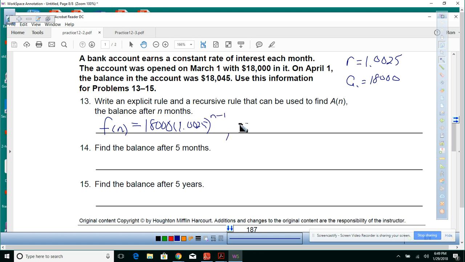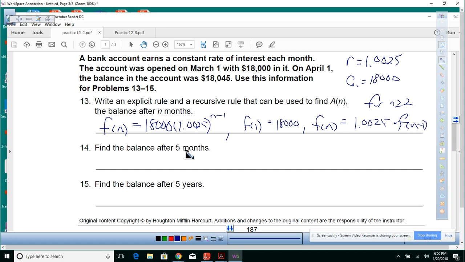Let's use that. And then a recursive rule would be f of 1 would equal $18,000, and f of n would equal 1.0025 times f of n minus 1, for n greater than or equal to 2.